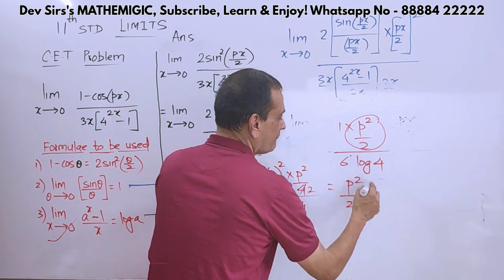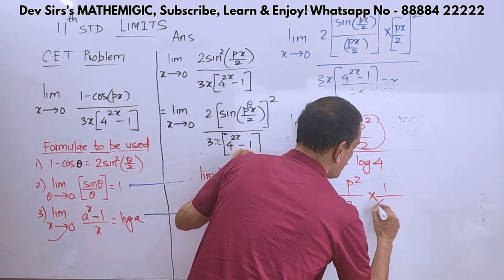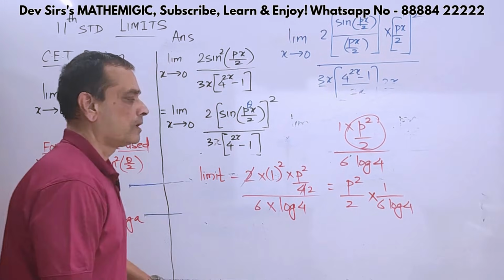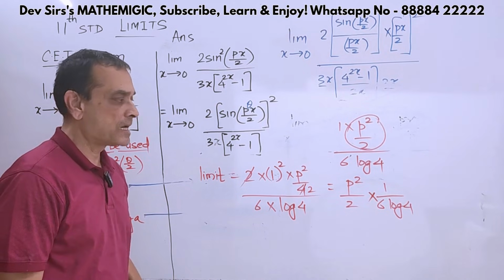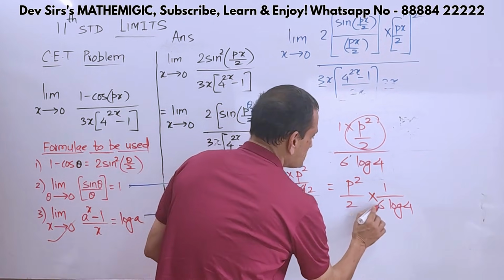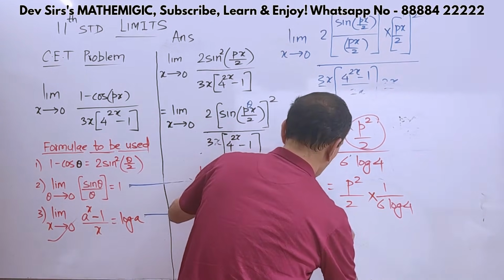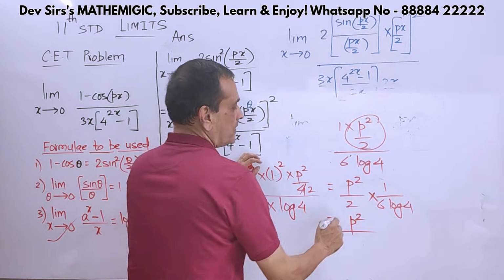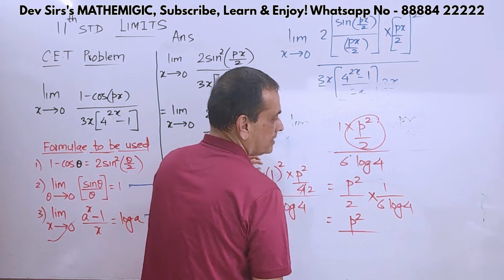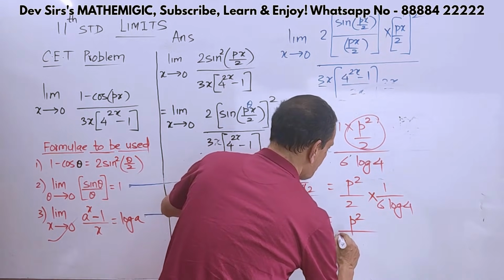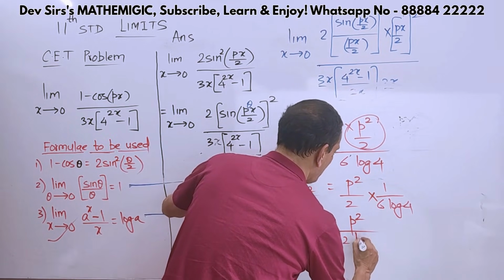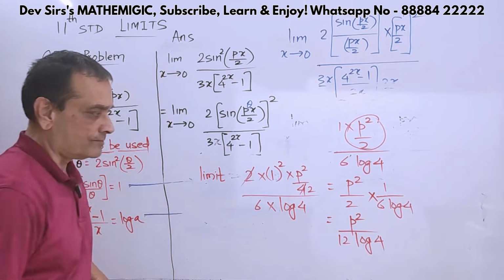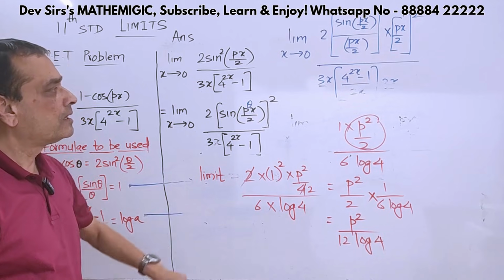That is, reciprocal of 6 log 4 is 1 upon 6 log 4. 2 into 6 is 12. So the final answer was given as p squared upon 12 log 4. This was the answer given to us.